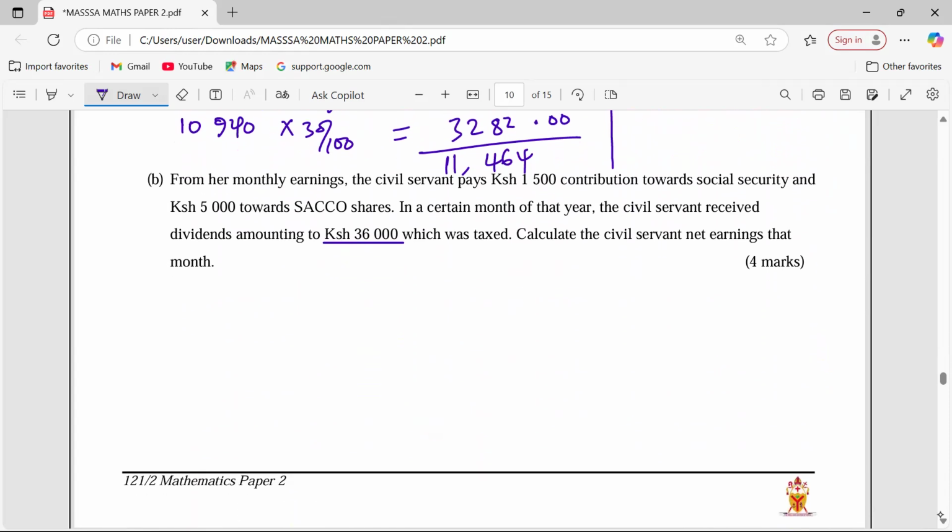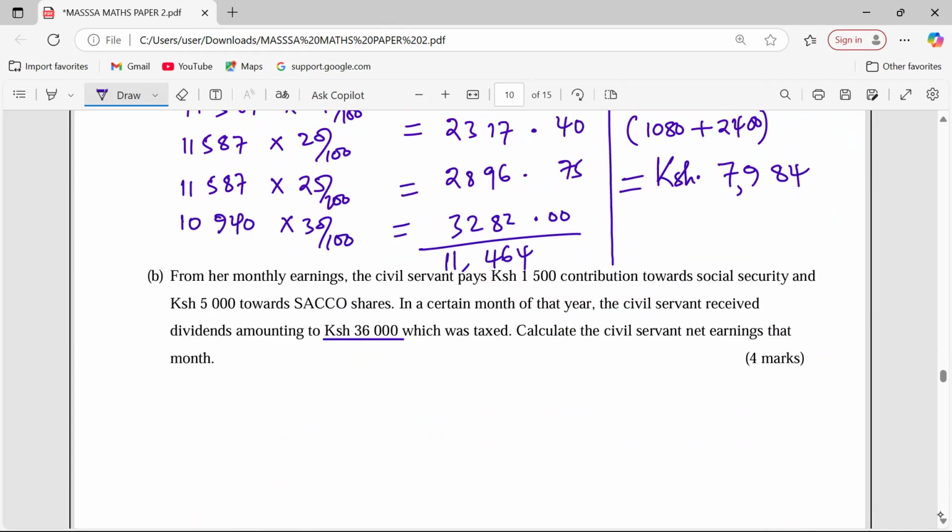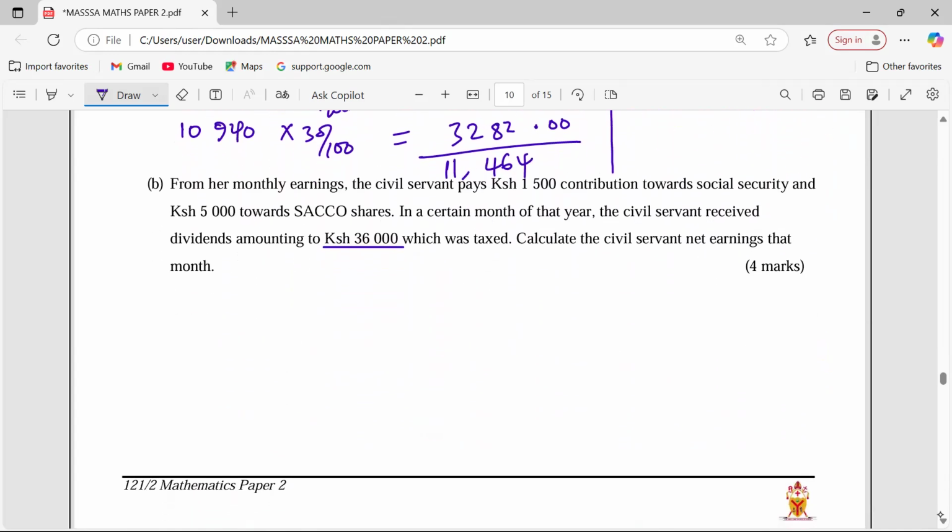So the PAYE is going to change, which is the net tax. We check 36,000 at the rate of 30%. How much tax are we going to have from these dividends? This is 10,800.